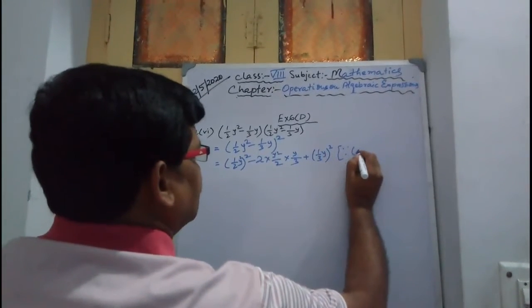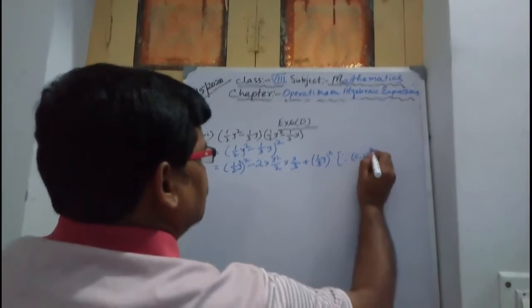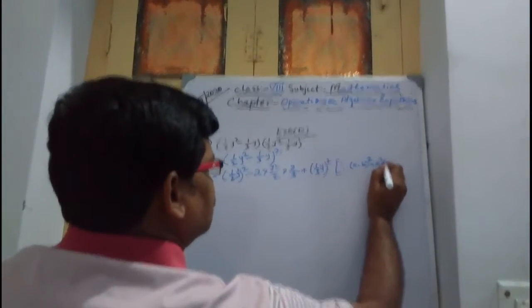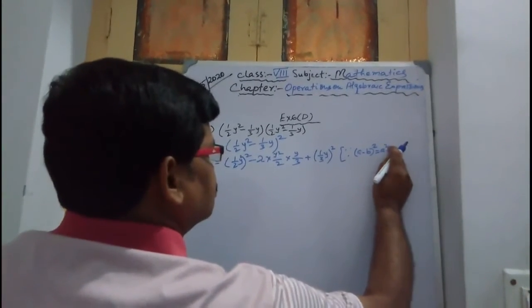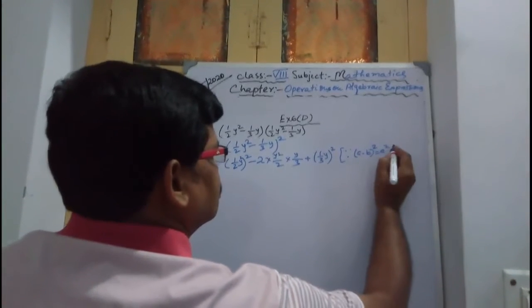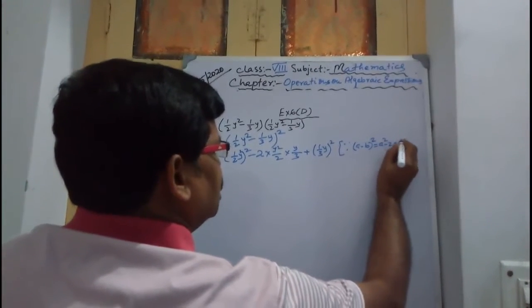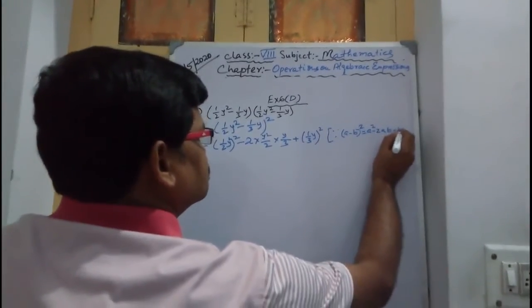That is (a − b) whole square, a² − 2ab + b².